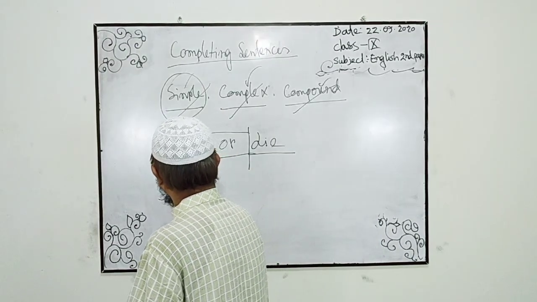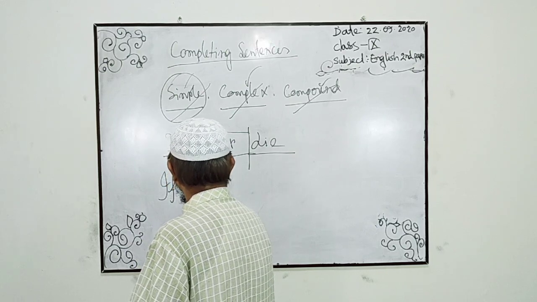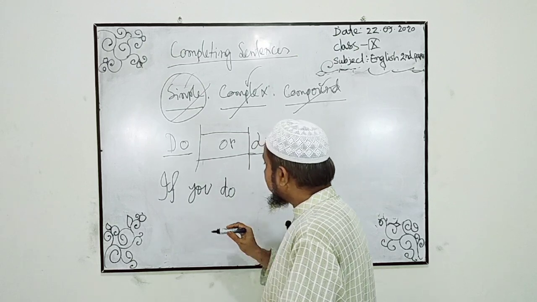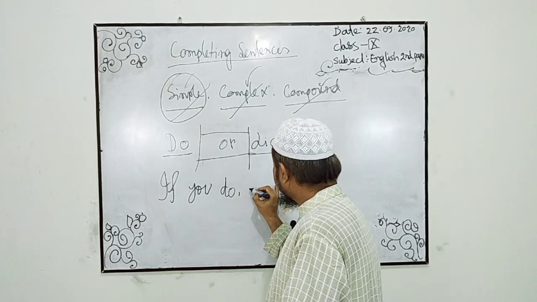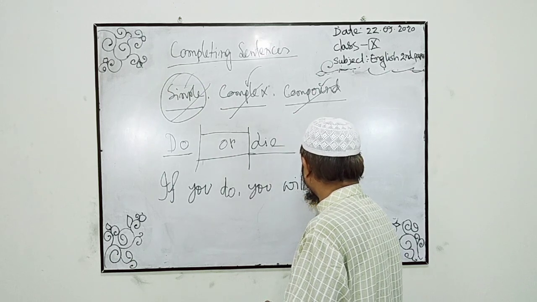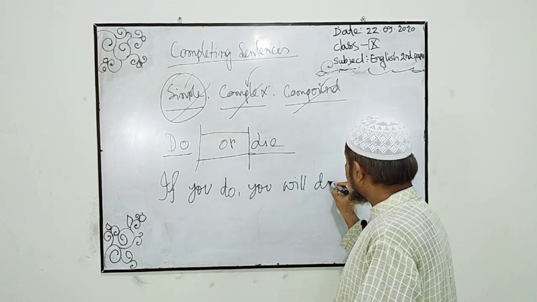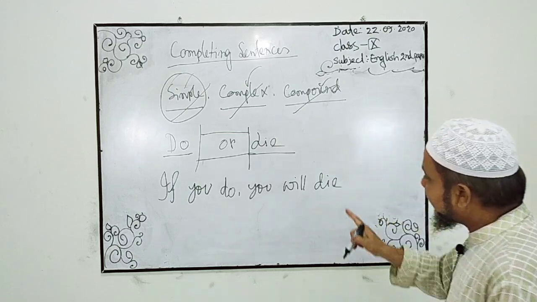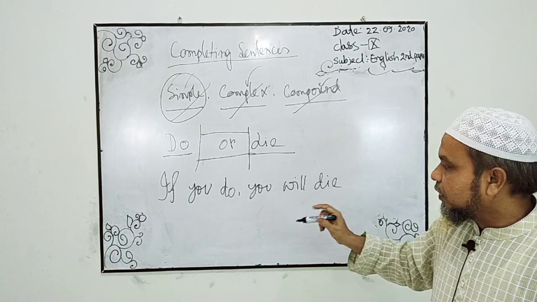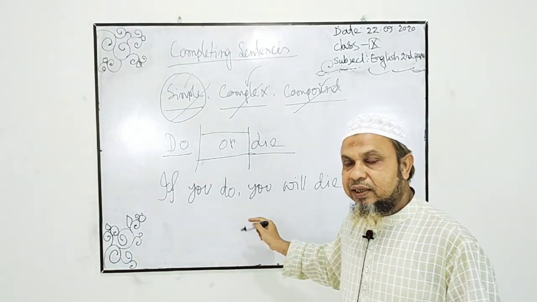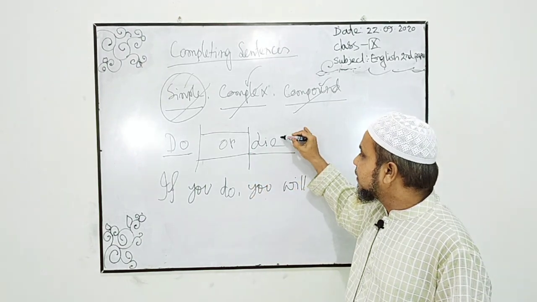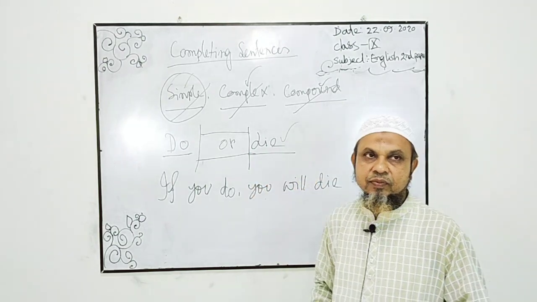Then we need to write a subject, "if you," then a verb, "if you do," then another subject, "you," and an auxiliary verb, "will." "If you do, you will die" is a complex sentence. And "Do or die" is a compound sentence.